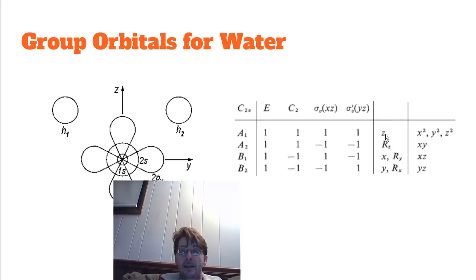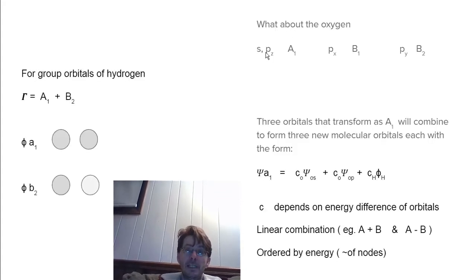And so we see that the s orbitals, the 1s and the 2s, are going to be A1 symmetry. And the x, y orbitals are going to transform as B1 and B2 respectively, and then the pz is going to transform as A1 as well. Okay. So any of the s orbitals and the pz orbital will transform as A1, and everything else will be B1 and B2, which automatically tells us information about what's going on.